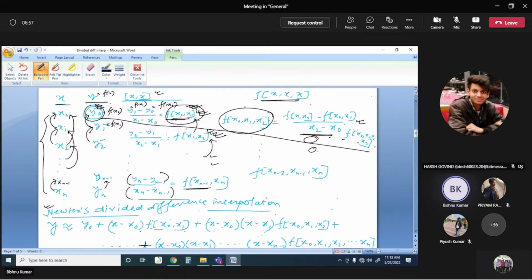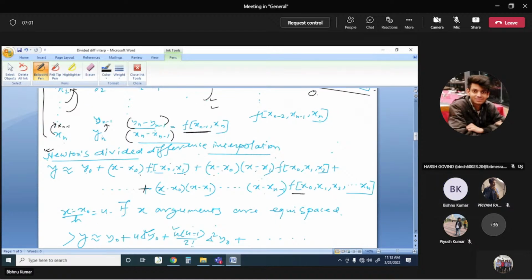In that way, the last value will look like this. First value, second value in the difference table. These are the upper diagonal elements. Third value, and this is the last value in the difference table in the upper diagonal.